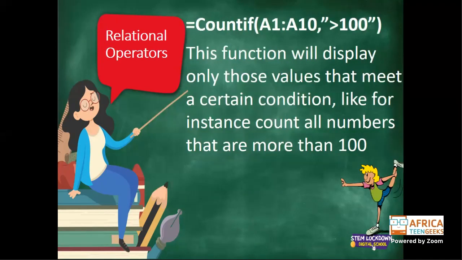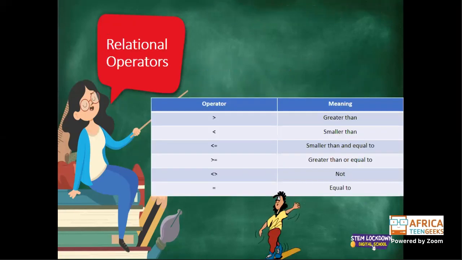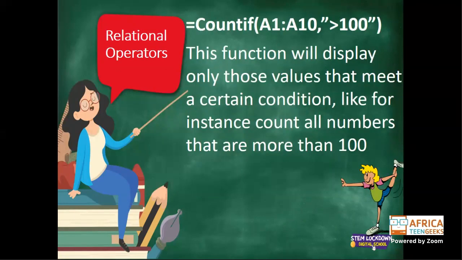Let me just continue again now. Let me show you how to use the relational operator. This function will display only those values that meet a certain condition. Let's go back to the previous one. You see here, there's no operator used here. The relational means you need to relate that to something. This function will display only those values that meet certain criteria.